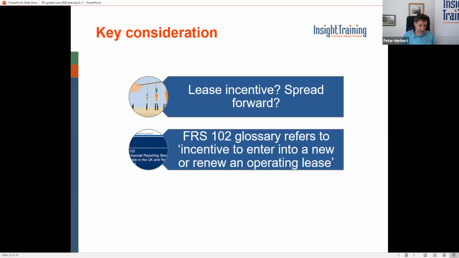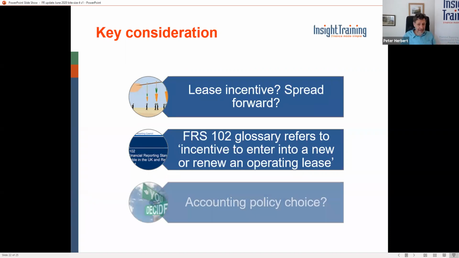Or what you could alternatively say here is, look, because 102's definition of what an incentive is does not deal with that particular situation where you're modifying the terms of the lease without it being an incentive as defined, the easier and different approach might be, in the months concerned, we quite simply have no charge or no credit in the P&L, whether you're the tenant or indeed the landlord.